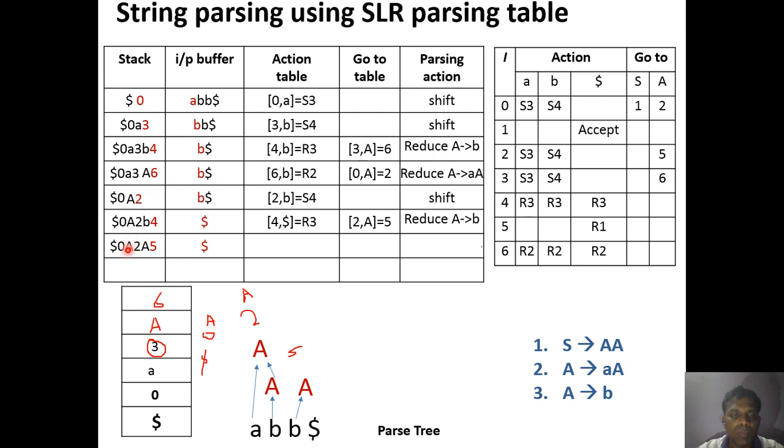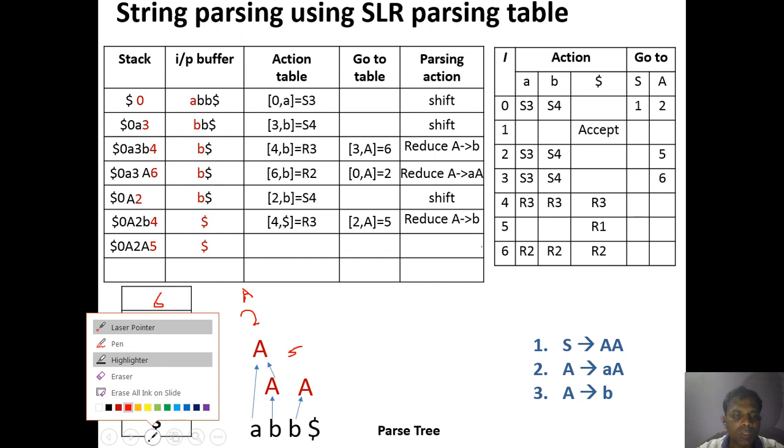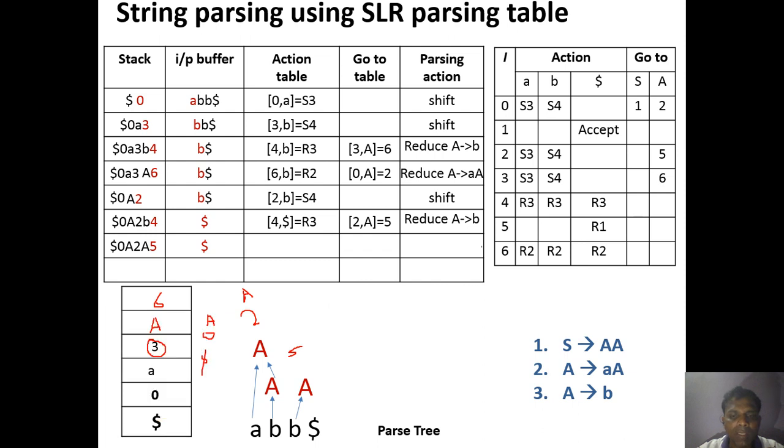The fourth symbol I pop, and push the left hand side variable. What is the left hand side variable? S. I'm pushing the S onto the top of the stack. So it will look like dollar, 0, and then S. The current top of the stack is S, so we need to push the state number. Which state number are we going to push?